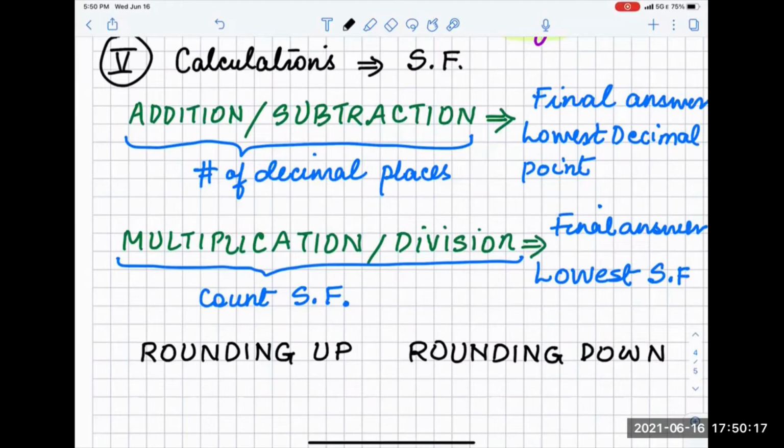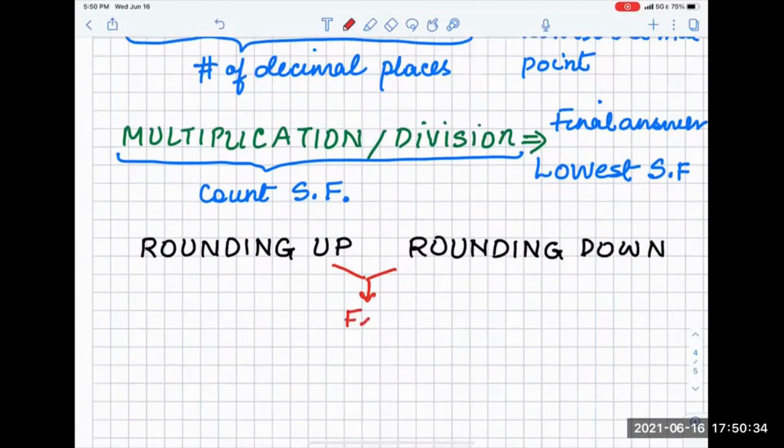But we never round up or down in the different steps of the calculations; we just keep the numbers raw. Rounding up and down is only for the final answer. Only in the final answer.